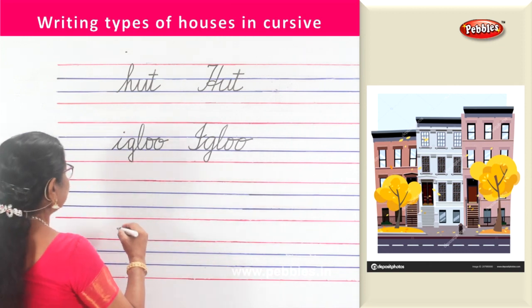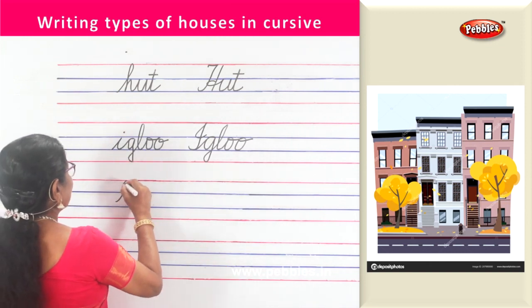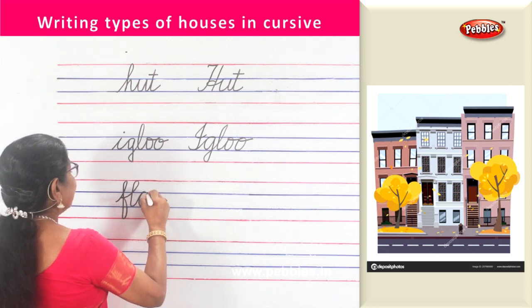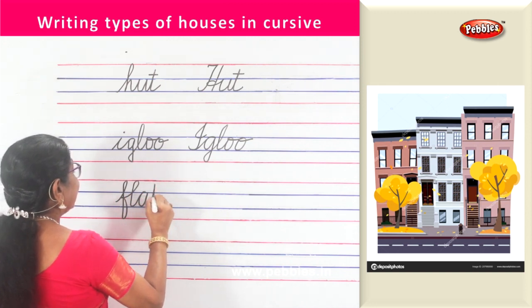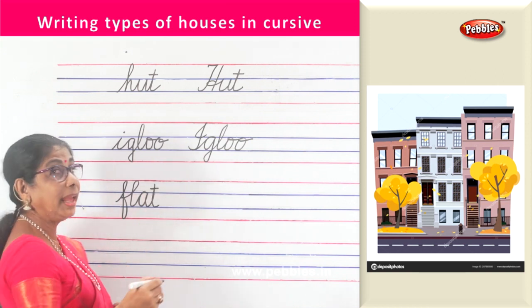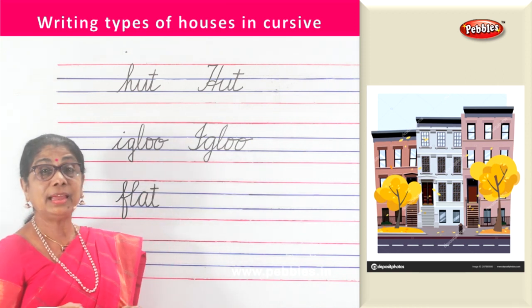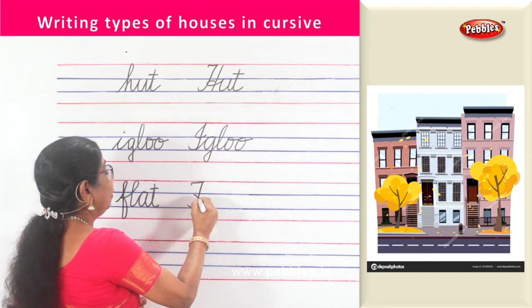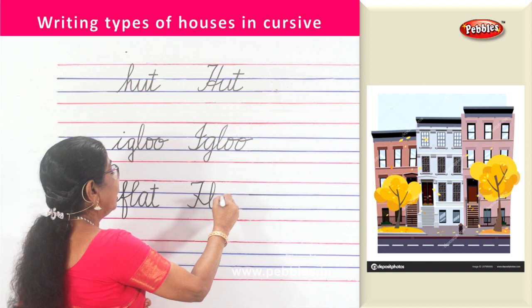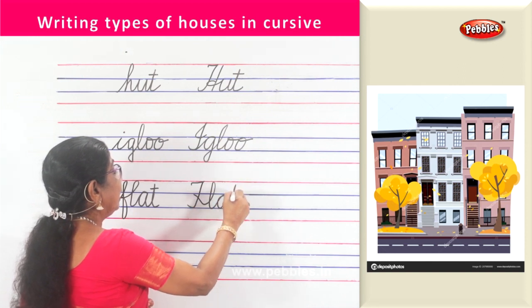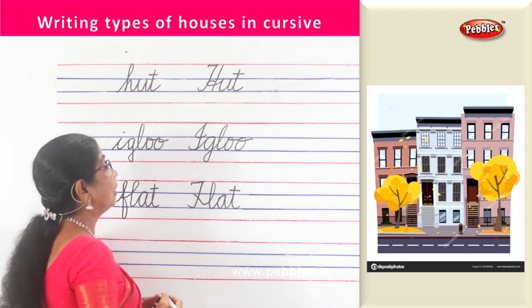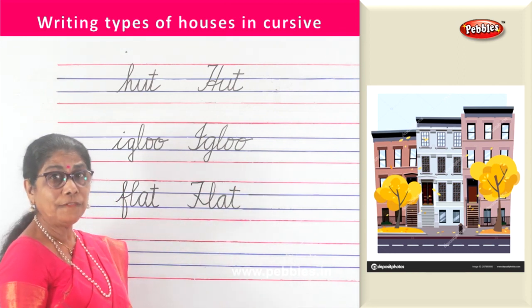Let's write F capital. F, L, A, T, flat. We have hut, igloo, flat.